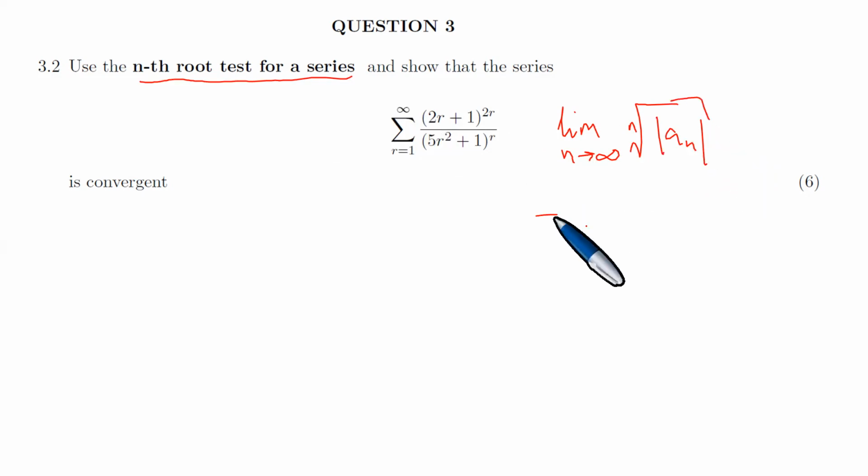Right. So this limit is L, and L has 3 conditions: either it is 1, less than 1, or bigger than 1. If it is 1, it's like the ratio test, so inconclusive.